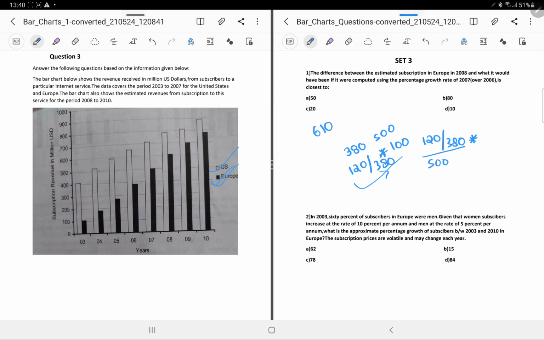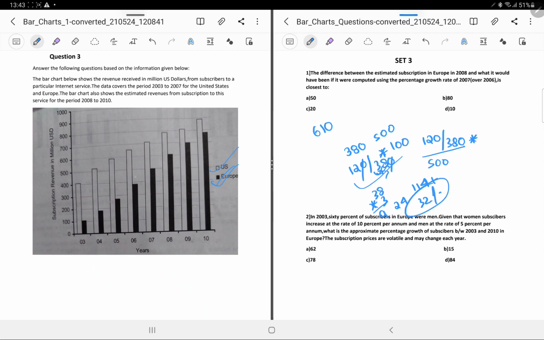Let's try to compute it separately first. This would be 38 into 3, because 10% is 38, so 38 into 3 would be 30%, that would be 114. And computing it, 3.8 would be 1%, so roughly 32%.